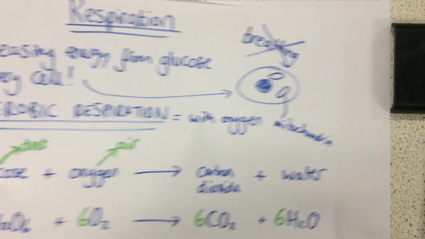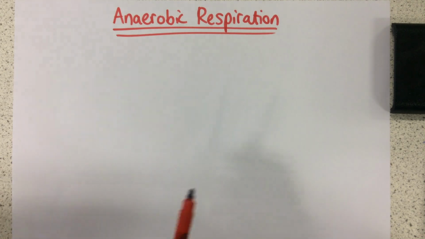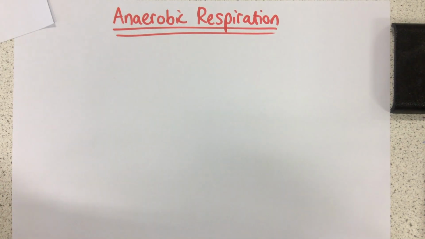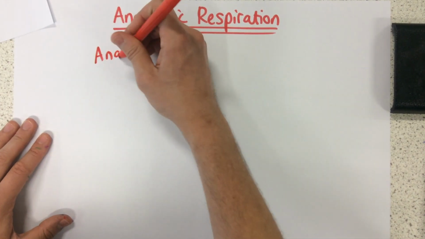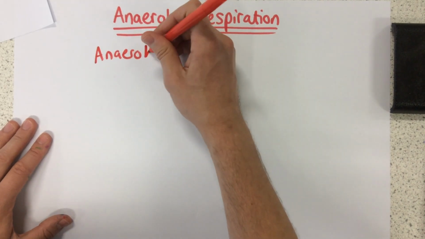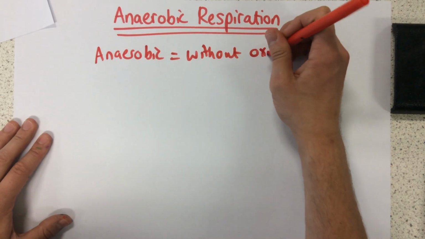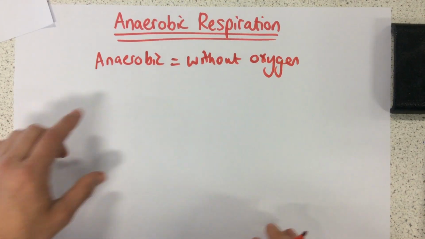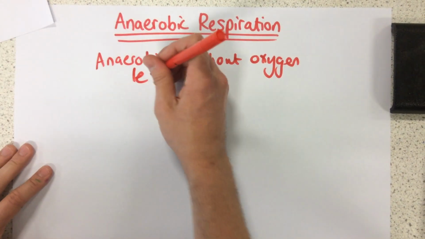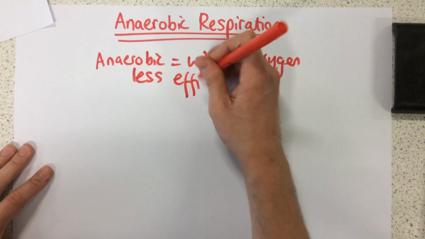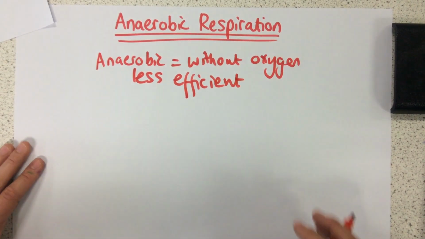So the other type of respiration is anaerobic respiration. Now what anaerobic means, anaerobic just means without oxygen. So this one here is much less efficient. It's not as good as aerobic respiration. It releases less energy.